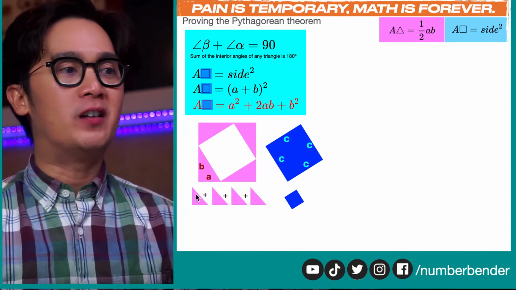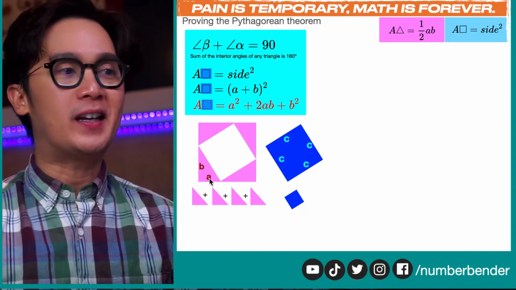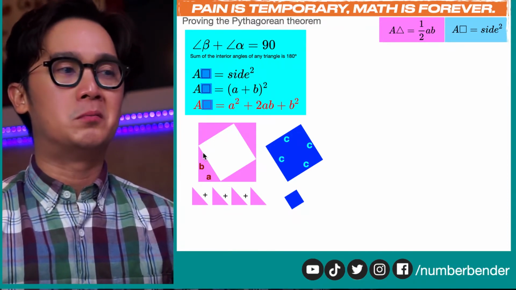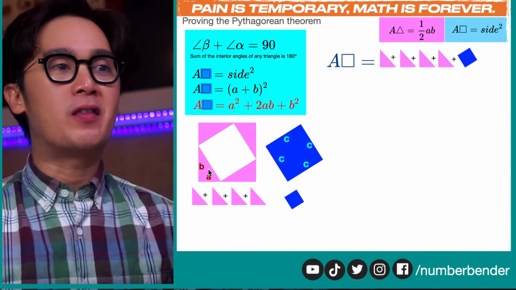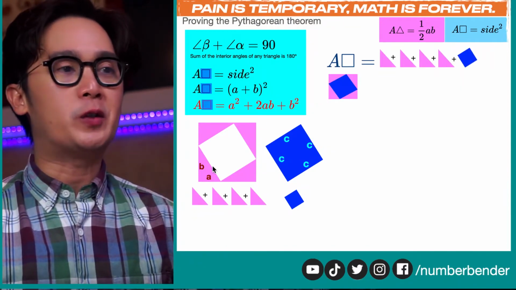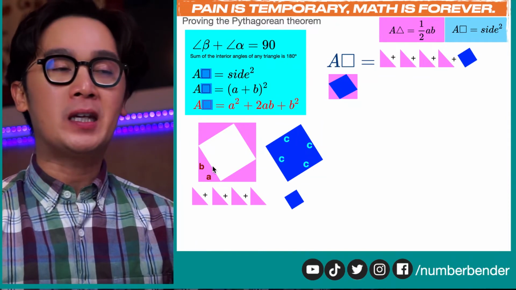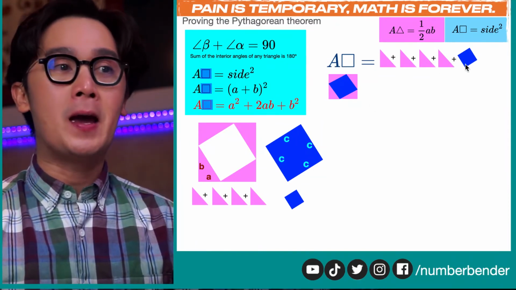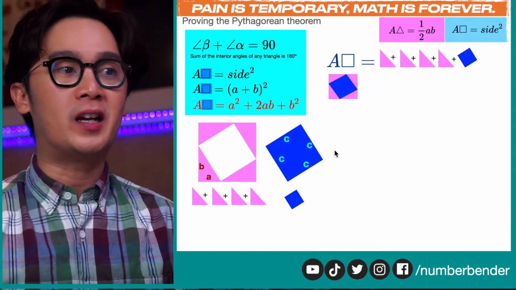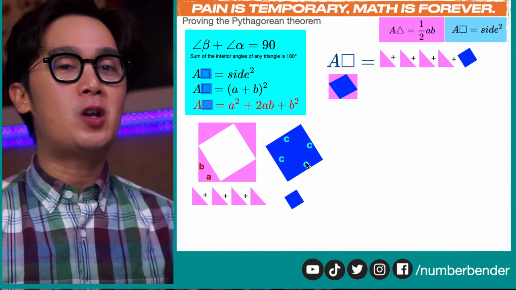Since the measurement of our base is a and our height is b, using algebra, we know that the 4 triangles are going to equal half AB plus half AB plus half AB plus half AB plus the area of the square, which is c to the power of 2.